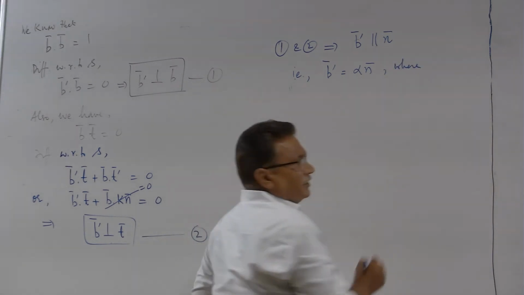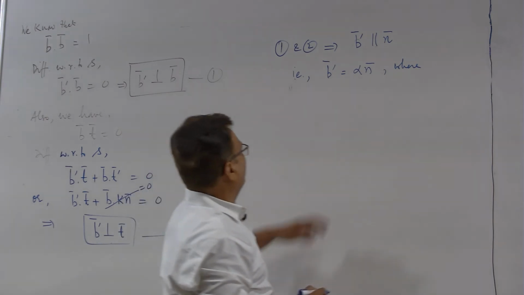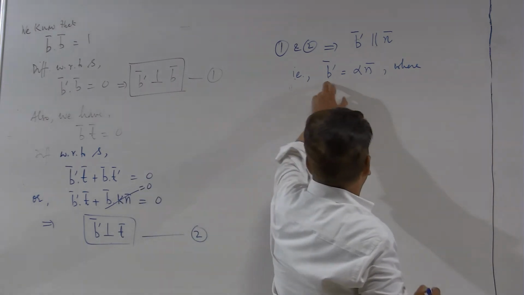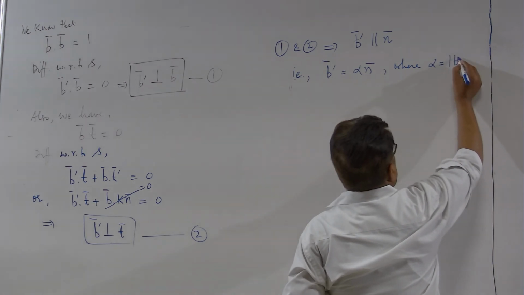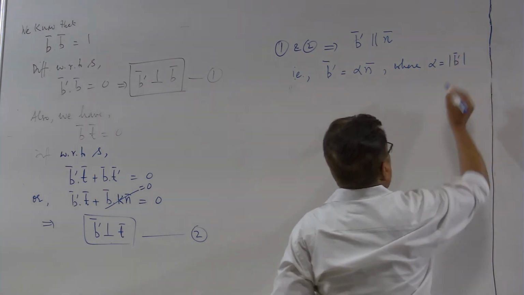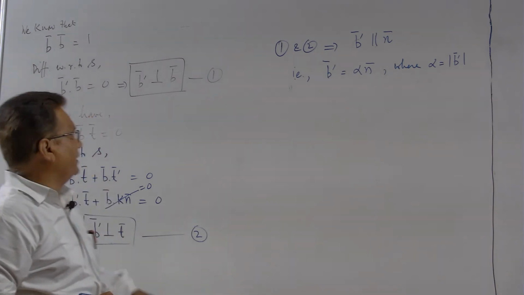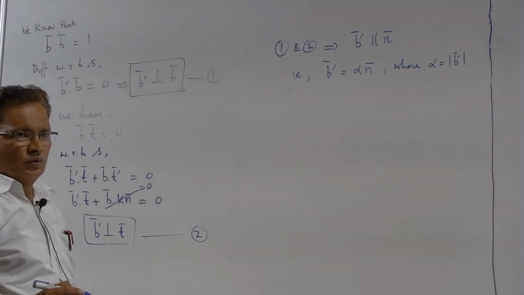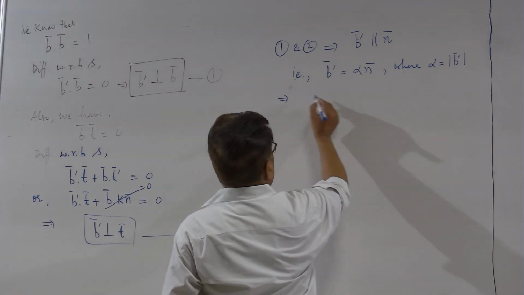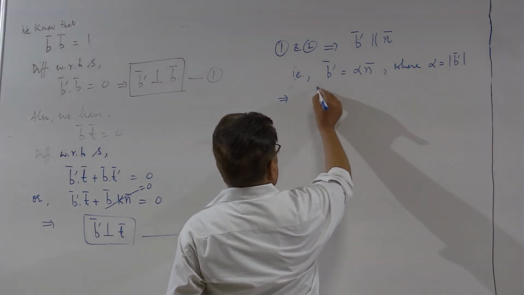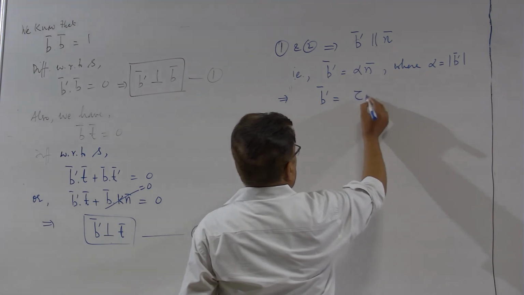Now since n is a unit vector, mod alpha must be the norm of b dash, where alpha equals the norm of b dash, and b dash we have seen is tau. So, what you get here is that b dash as a vector equals tau n.